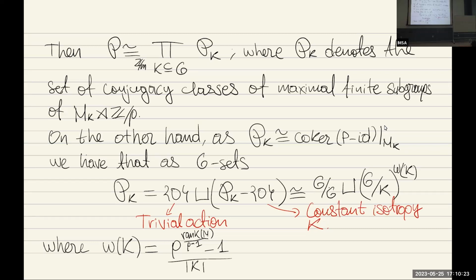The other ones have always constant isotropy K. Then we have this decomposition as G orbits, one orbit with the isotropy G, and the other ones with isotropy K. We can count the number of orbits, this number WK. WK is this number. It is just because we know the size of PK, and we know that it has constant isotropy, then we can count the number of orbits.